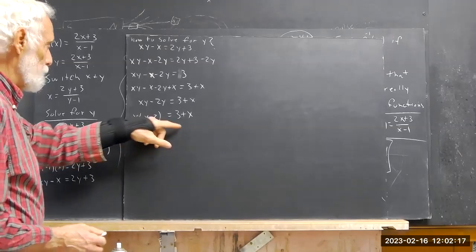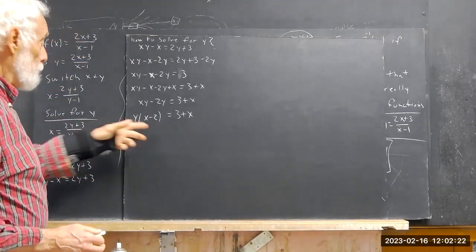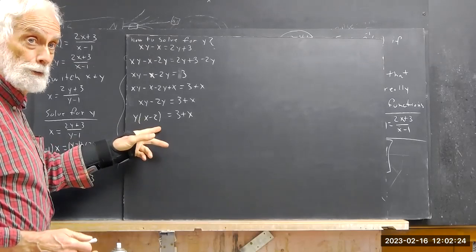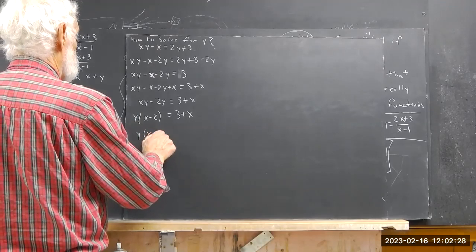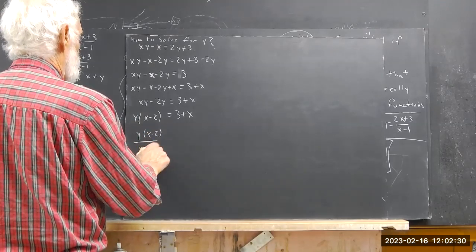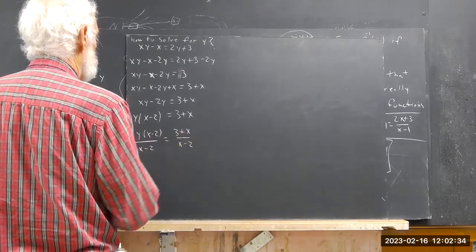Okay, you got this. How do you solve it? Well, whatever is multiplied by y, which is x minus 2, divide both sides by it. y times x minus 2 over x minus 2 equals 3 plus x over x minus 2.